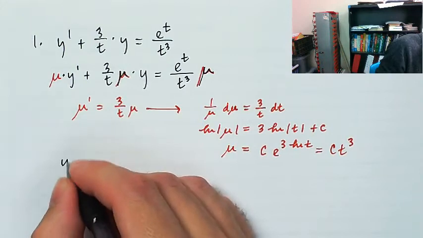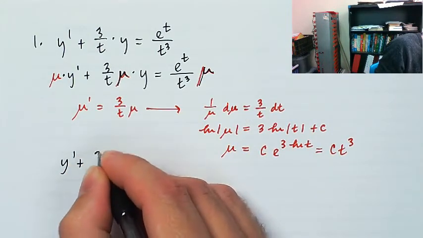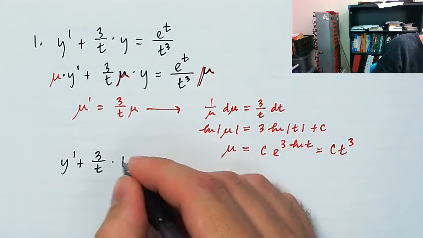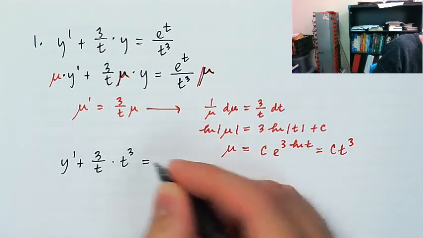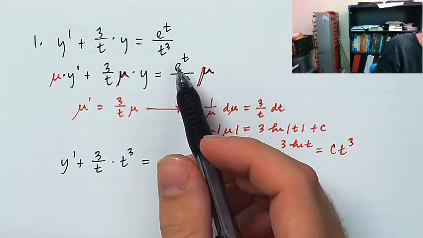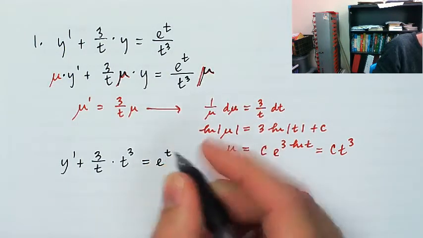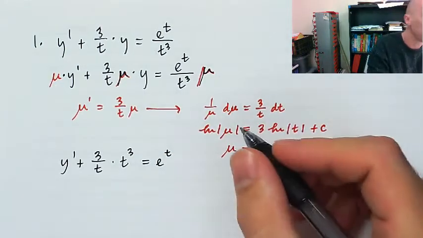So now I've got y prime plus 3 over t times y, and we're just going to say the integrating factor is mu equals t to the 3. And the right side is going to be e to the t, because I multiplied by the t to the 3 and it canceled.